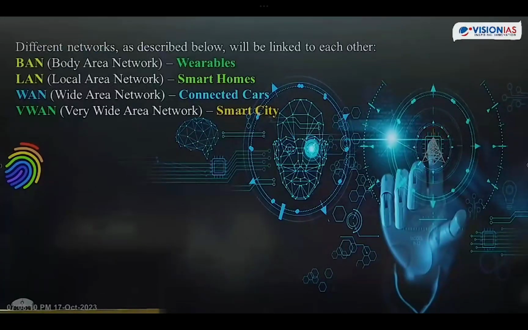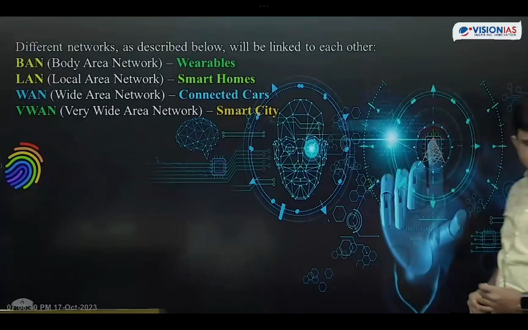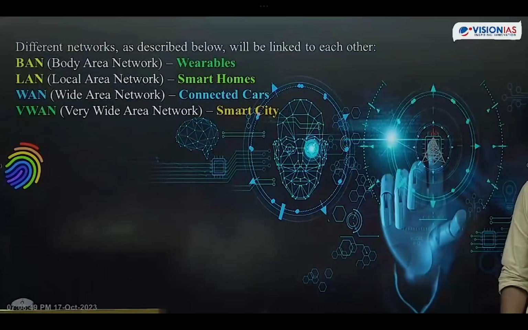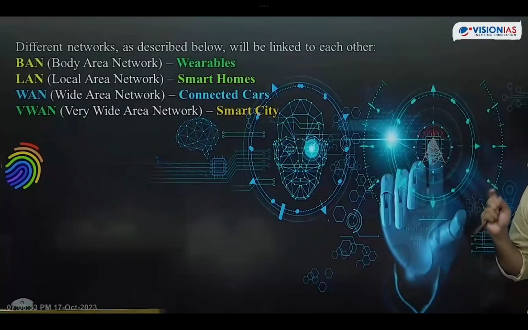Next is wide area networks: connected cars. Next is very wide area network, that is smart cities. Done. Smart cities. Completed. This we call the different networks of IoT, students.